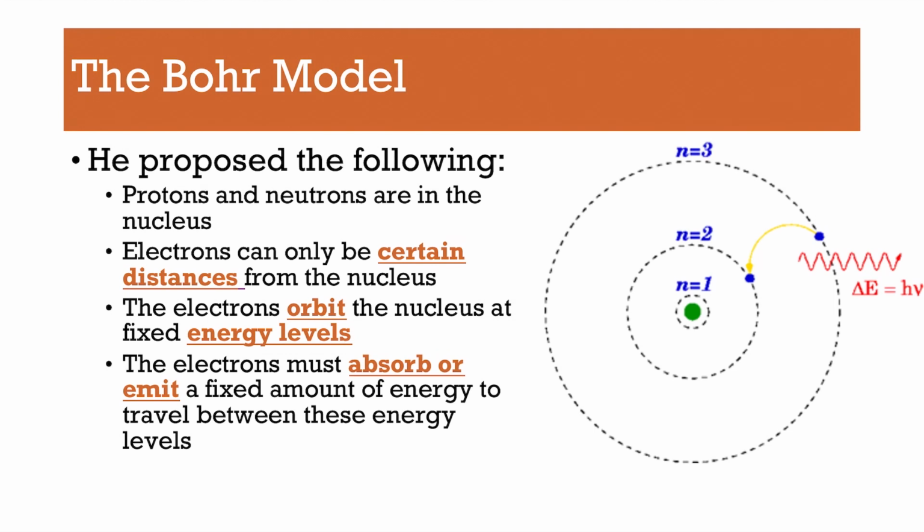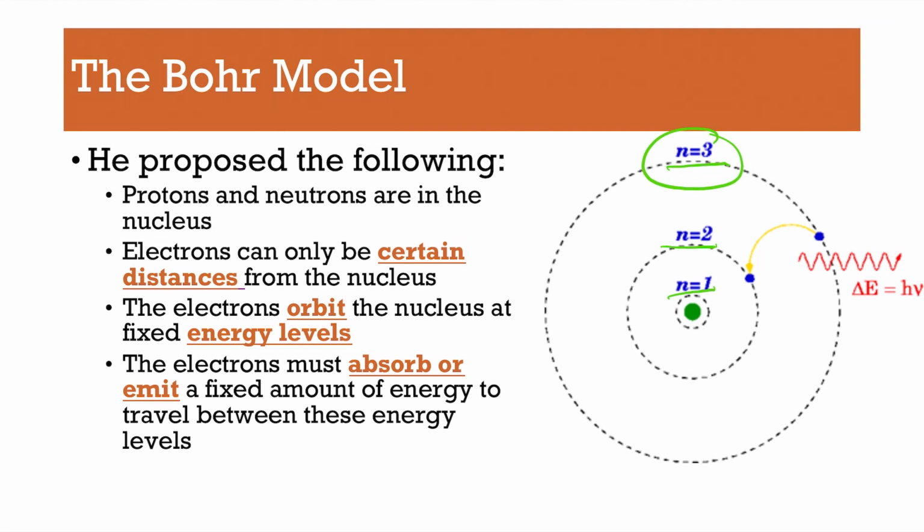And what he said is that these electrons, depending on where their energy level is located, have different amounts of energy. So the closer you are to the nucleus, the smaller the amount of energy, and the farther away you are from the nucleus, the more energy you have. So which energy level, 1, 2, or 3, has more energy?